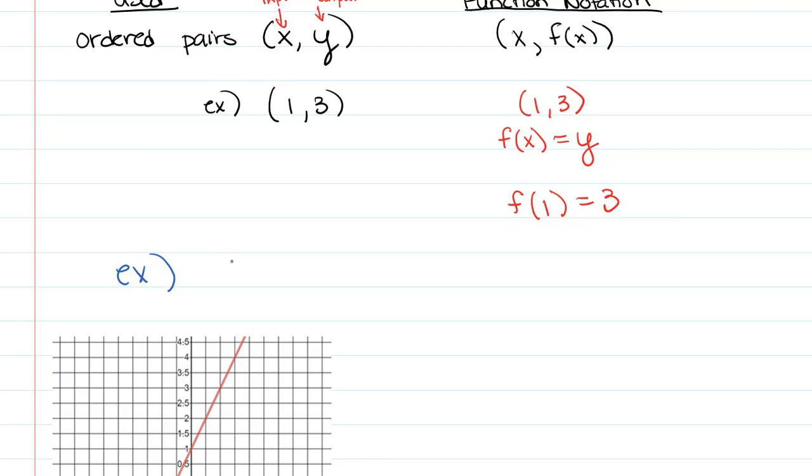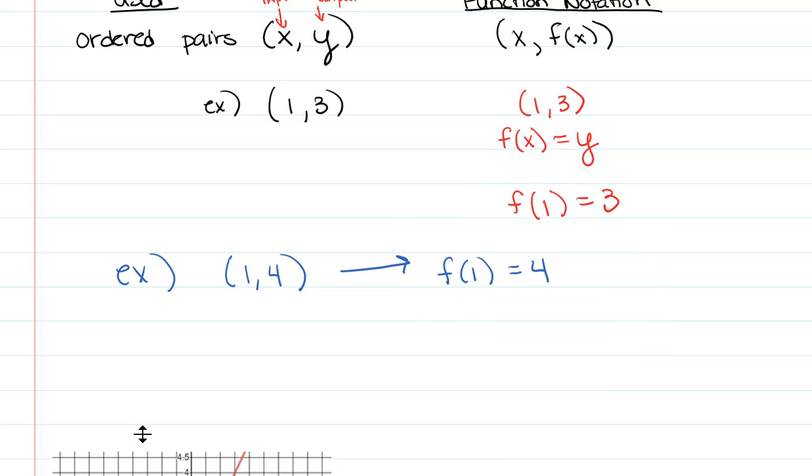If you have an ordered pair, let's say 1 comma 4, and I want to write it in function notation, I would write that f of 1 equals 4. I can also go the other way and say that if we have the point f of negative 3 equals 11, I could write that as an ordered pair, negative 3 comma 11.